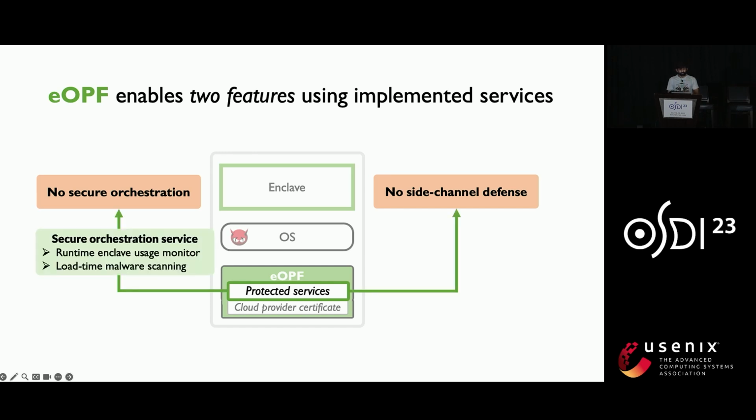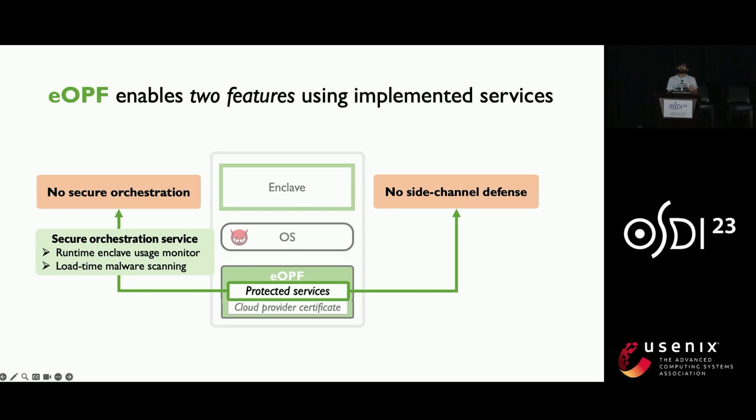Specifically, one of the protected services we built is the secure orchestration service, which allows the cloud provider to implement a runtime monitor over the usage of enclaves and even prevent other enclaves from being created if a user is not trusted.